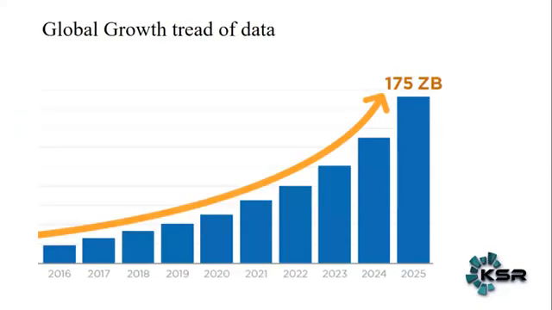And if you see here, in 2025 it is expected to touch 175 gigabytes. This is an estimate, and we are already well above the mark in 2023. We have almost touched 100 gigabytes. Where will I go and store it now? Right? That's the issue we are having with respect to the growth.